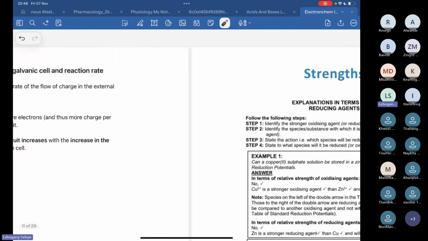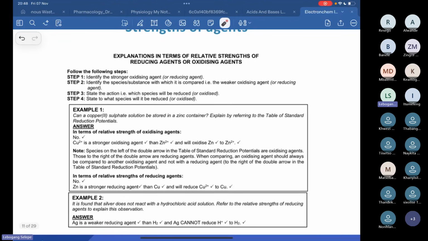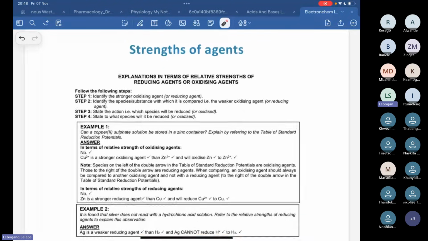So these are easy marks. State to what species it will be reduced. That's mentioning that Cu2 plus would be reduced to Cu. Then these are all the 4 steps, and look at how they answer them. Look at this example.